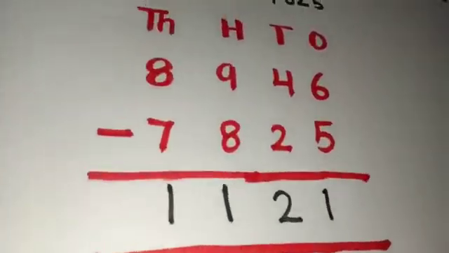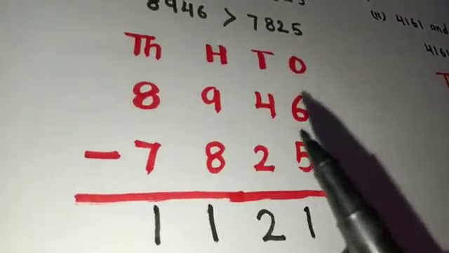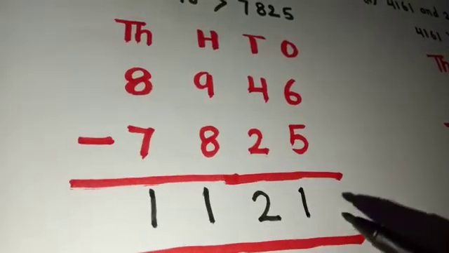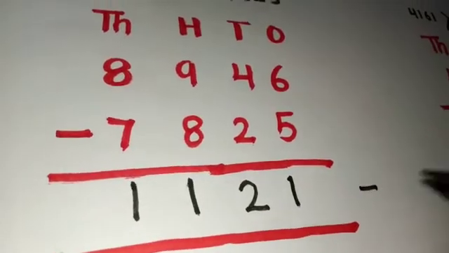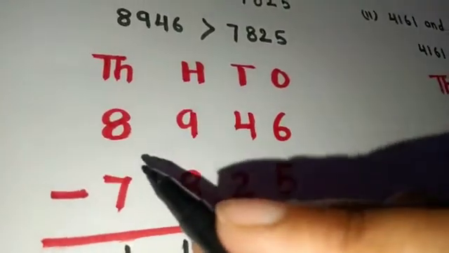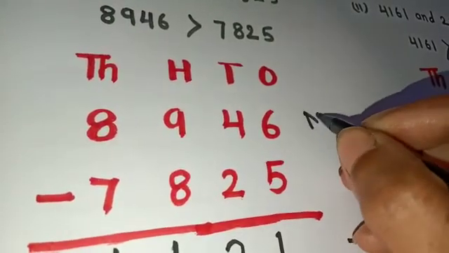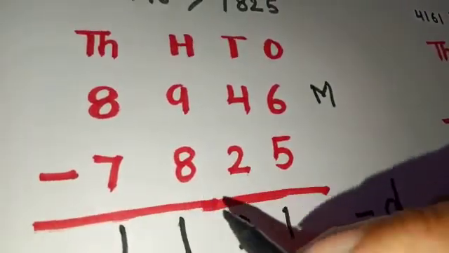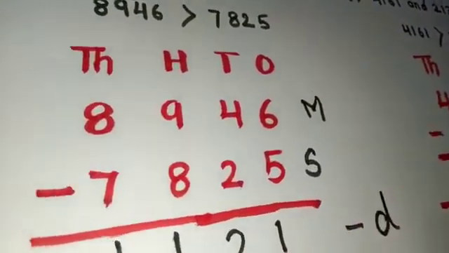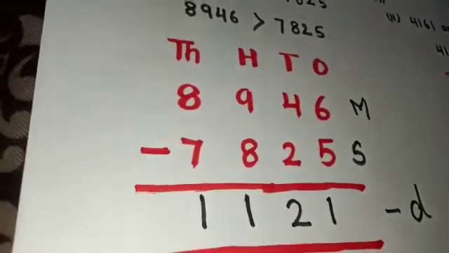So when we subtract 7,825 from 8,946, then we will get 1,121, and this is called the difference. 8,946 is called minuend. 7,825 is called subtrahend. So in this way we can subtract any number from the given number.